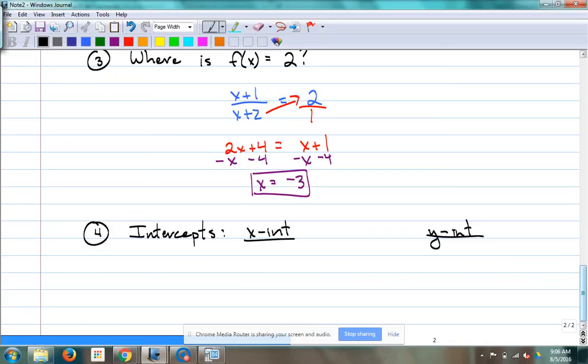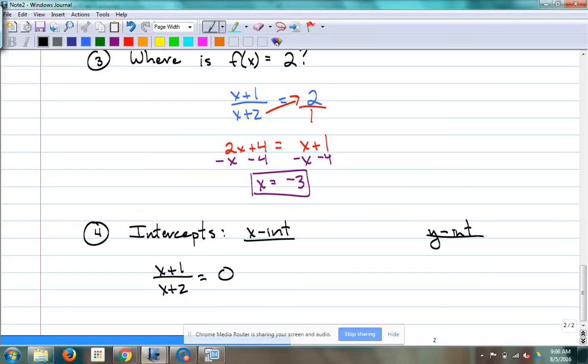All right, so x intercepts. How do we find x intercepts? What do we know about x intercepts? Set the y equal to 0. So that means x plus 1 over x plus 2 equal to 0.